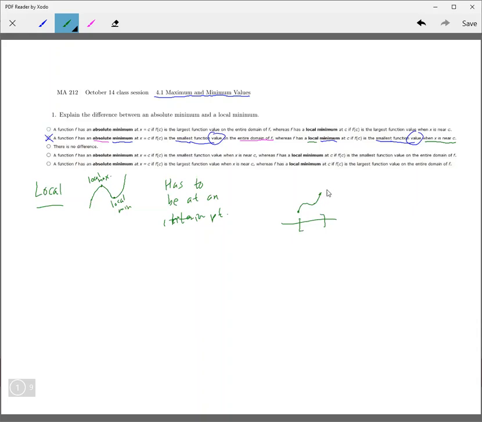This is what you would call an absolute maximum, but it's not local, because local has to be at an interior point. Likewise, this one can't be a local minimum either. Now this would be a local maximum, and this would be a local minimum, because those are at interior points inside the interval.